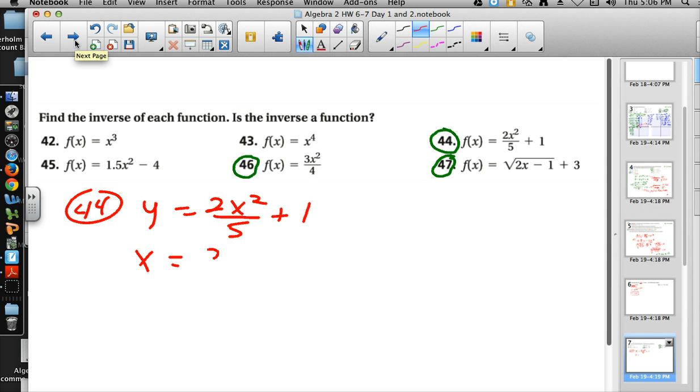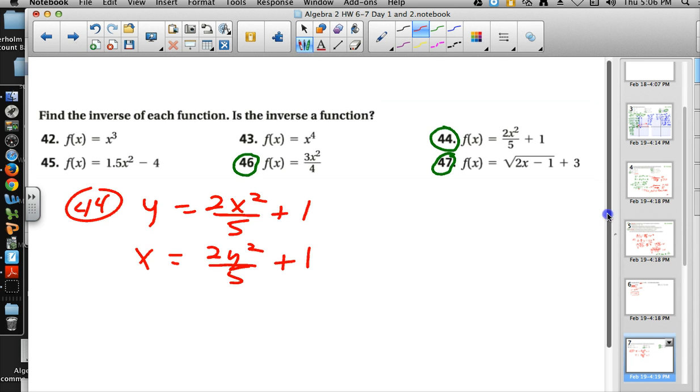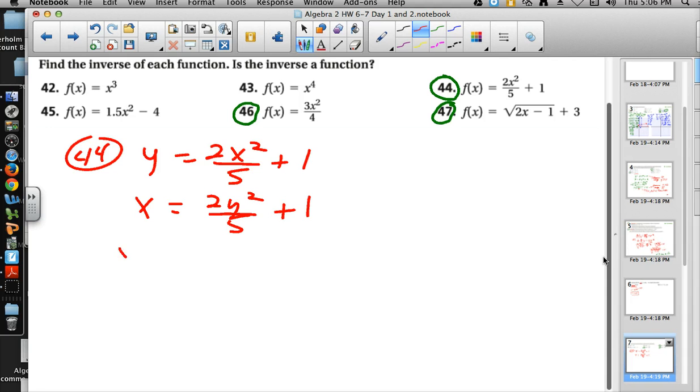So x equals 2y squared over 5 plus 1. So I'm going to go ahead and subtract 1 from both sides. And then the next piece you could do in 1 step or in 2. I'm going to go ahead and do this in 1 step and multiply by 5 halves on both sides.